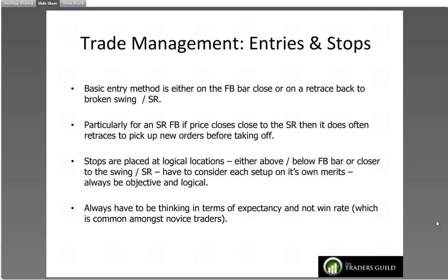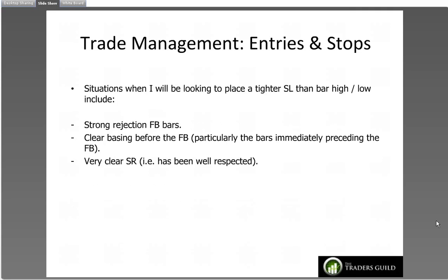But in terms of what I consider, if it's a very strong rejection bar, then I'm less likely to put my stop beyond the FB bar high because I don't expect it to come close to that FB bar high again. If it's a very clear SR, very precise, in terms of the previous tests have all been within 1-2 pips, then that suggests to me that price shouldn't go beyond that SR again because the supply and demand within that SR is very, very concise.